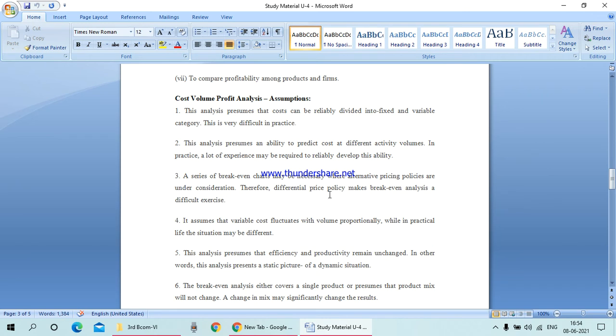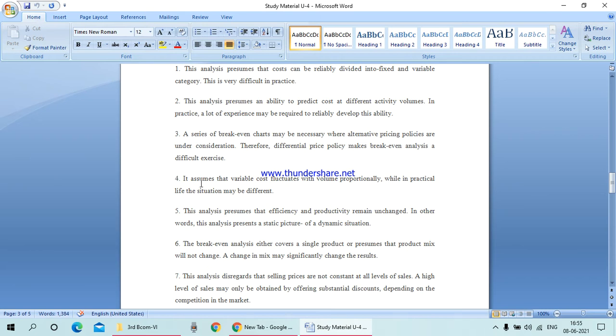Therefore, differential price policy makes a break-even analysis a difficult one. Then it assumes that variable cost fluctuates with the volume proportionately, while in practical life the situation may be different.